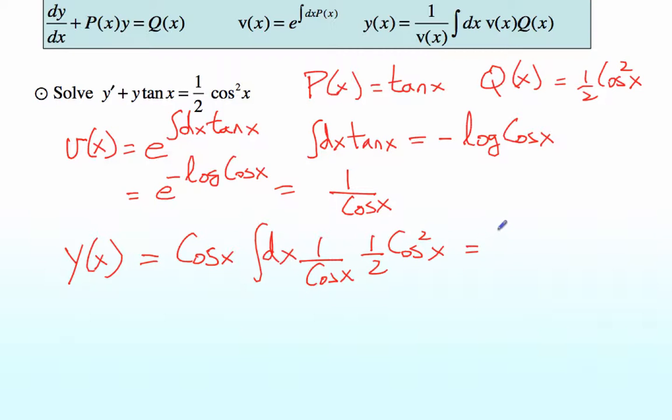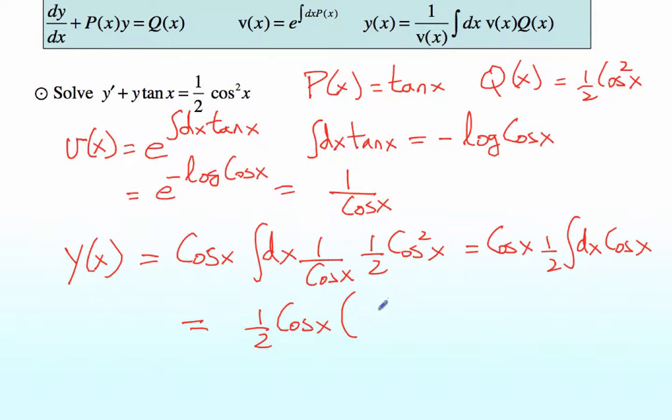So this thing is cosine of x into half integral of cosine of x. And of course, everyone knows how to do that. This is half cosine of x, and inside we will have sine of x plus a constant.